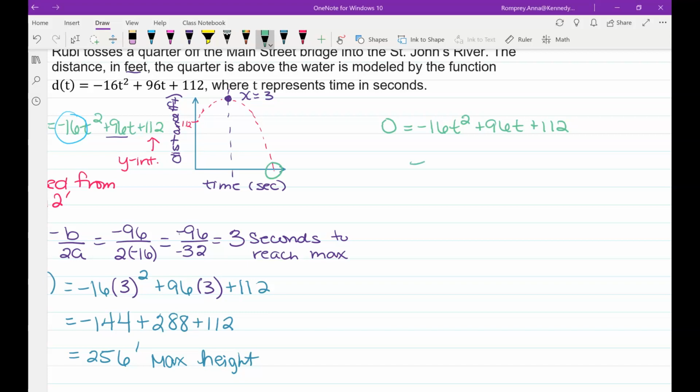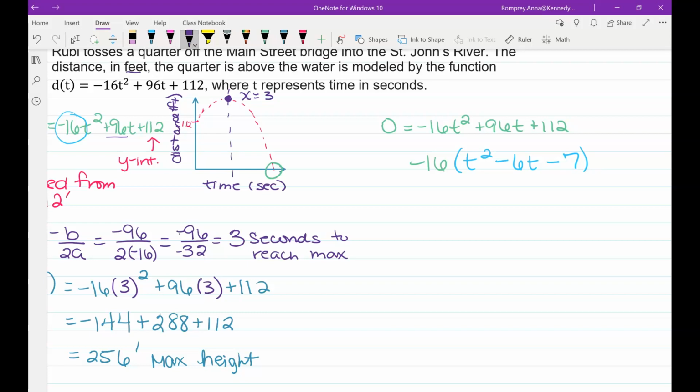So when I factor out a negative 16, we're going to be left with t squared minus 6t and minus 7. Oh, nice. Now I just have something super small to factor. We can totally do that.